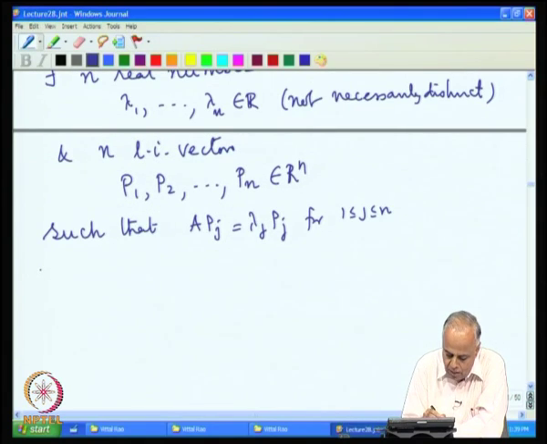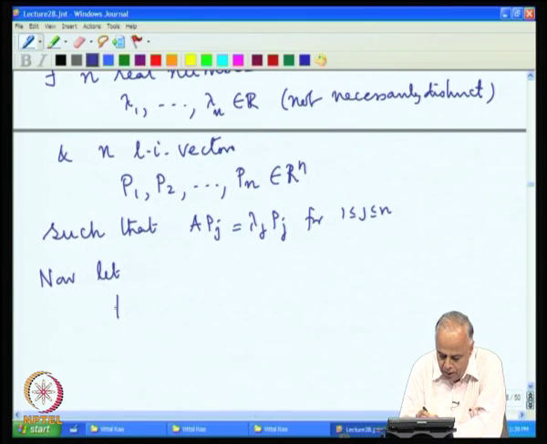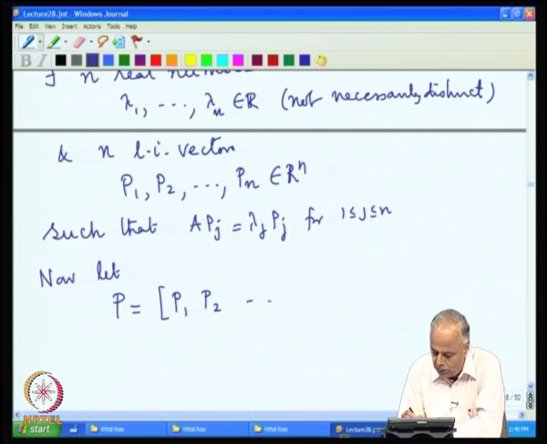This implies, so now let P be the matrix whose first column is P 1, second column is P 2 and the nth column is P n.